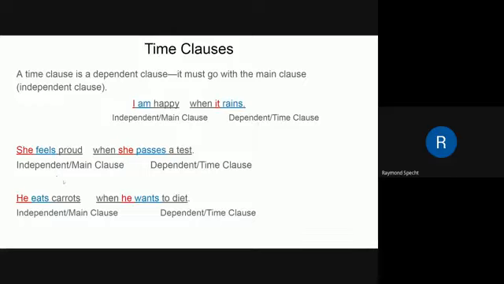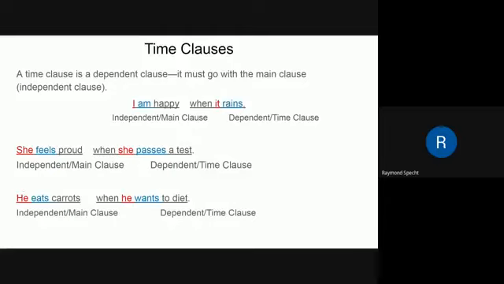All right, let's look at the next example. She feels proud when she passes a test. She feels proud is an independent or main clause. When she passes a test is a dependent or time clause. Why? We've got that time word, when. All right, let's look at our last example.